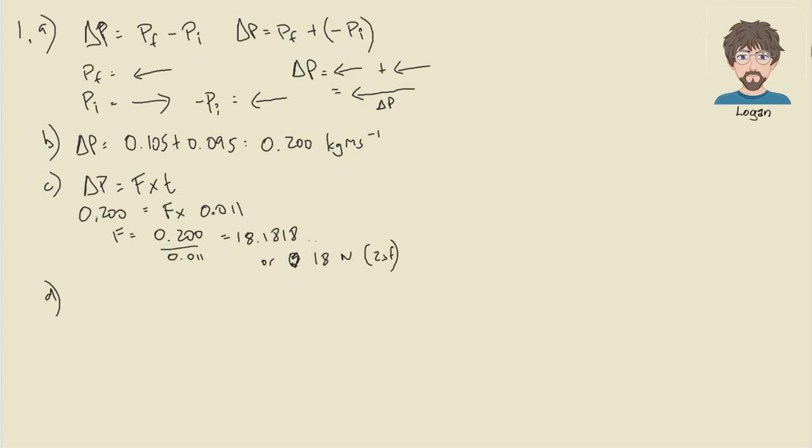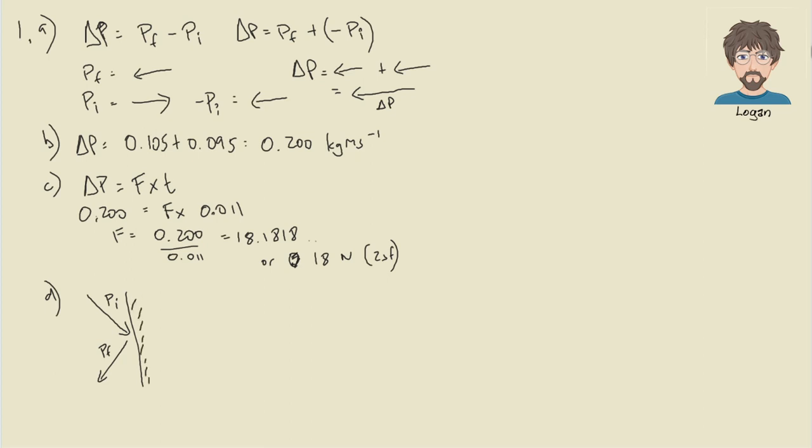On another occasion, the ball travelling with a momentum of 0.10 kilogram meters per second rebounds at right angles with the same momentum. The ball is in contact with the cushion for 0.050 seconds. So this time it's going this way and then this way. So we've got PI and PF, and we're going to do the same thing.